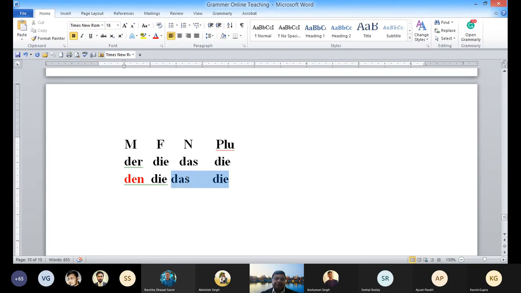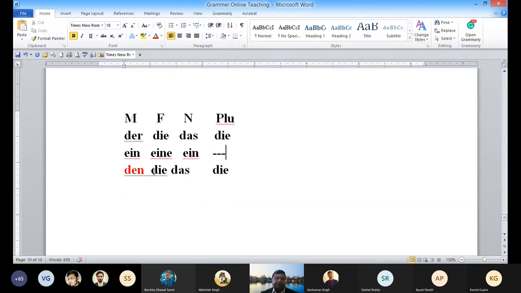Den, die, das, die will be used before the nouns which are used as an object. So this is the definite article. Just below this, if you remember, it was ein, eine, and again ein. And here there is definitely no plural form of this ein.